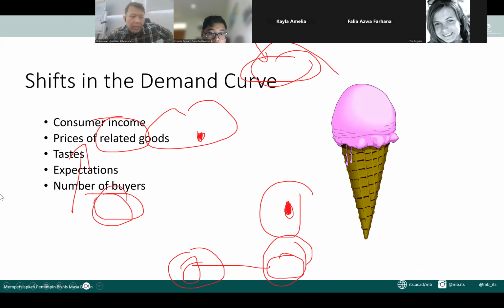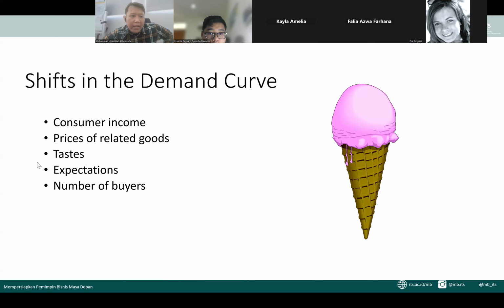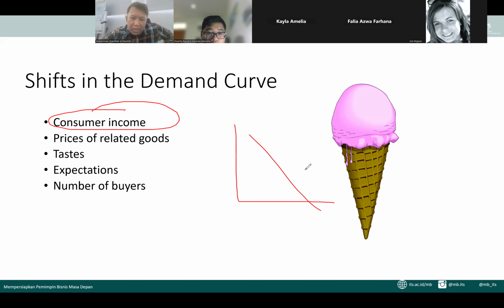Now, let's try to understand what shifts the demand curve. Actually, we have 5 aspects which shift the demand curve. It can shift to the right, or it can shift to the left.